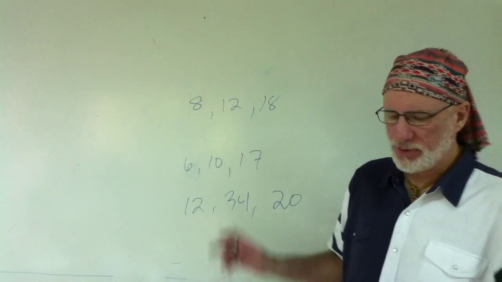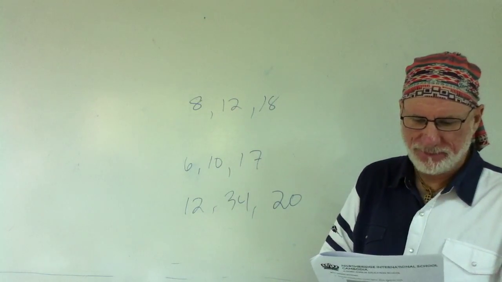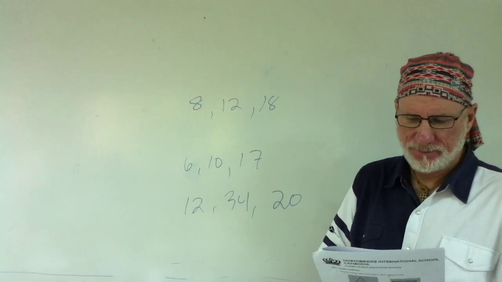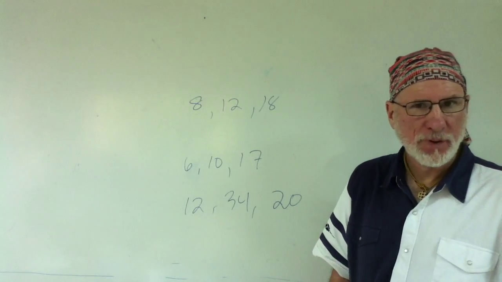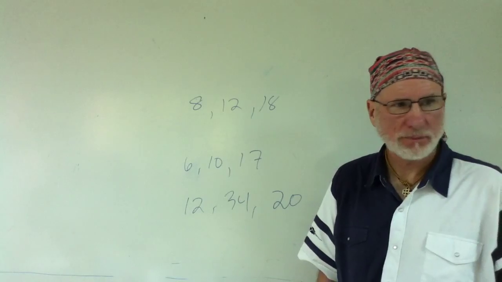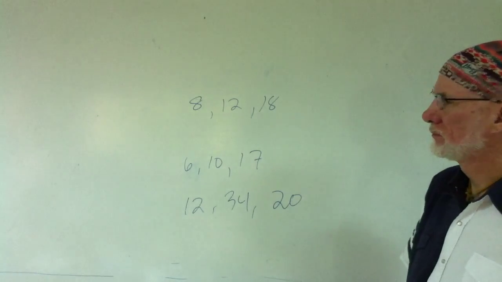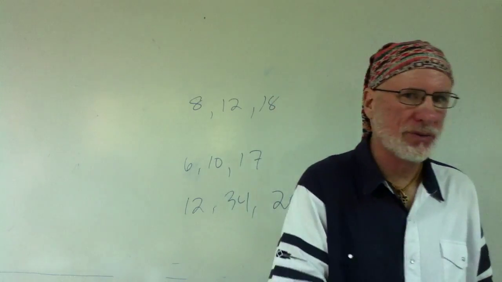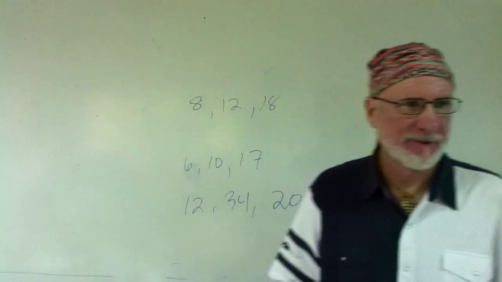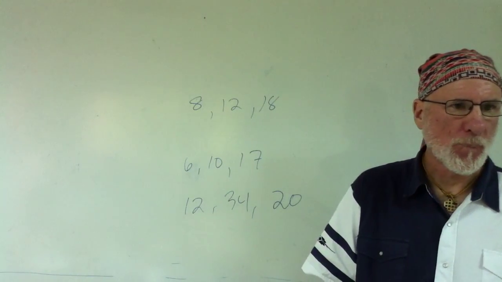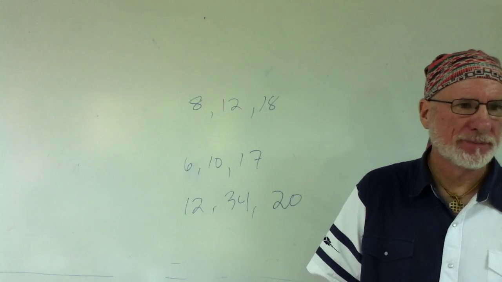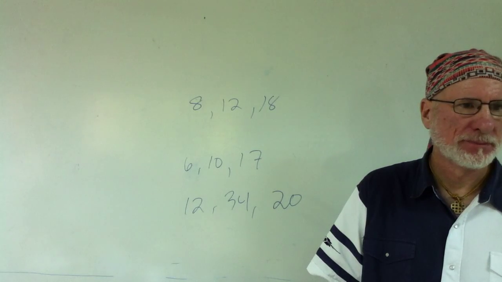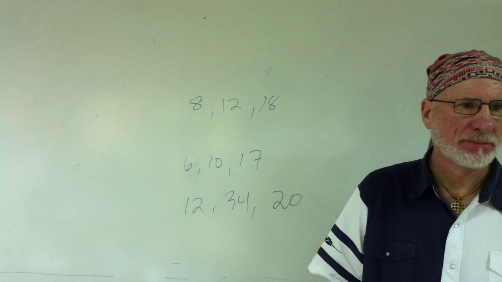How many people can do this? What's the rule? The sum of the two smaller sides has to be what?